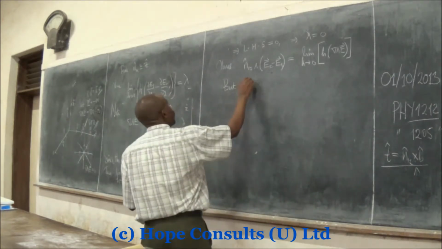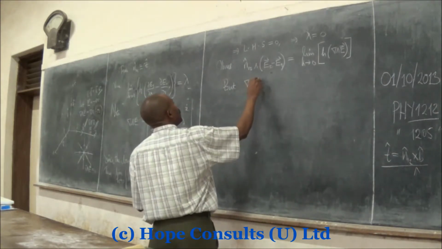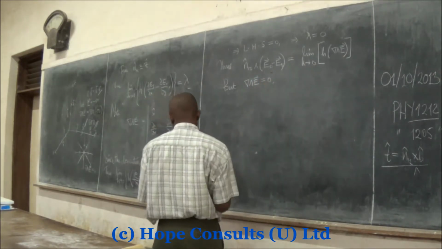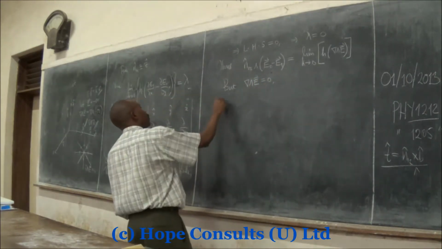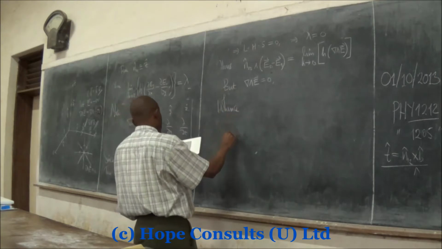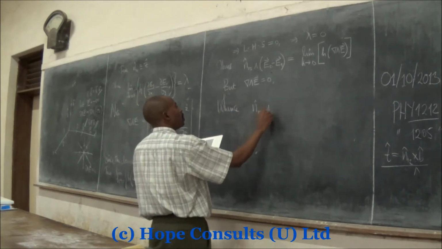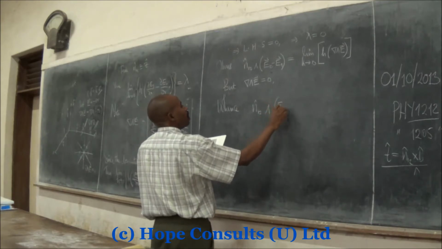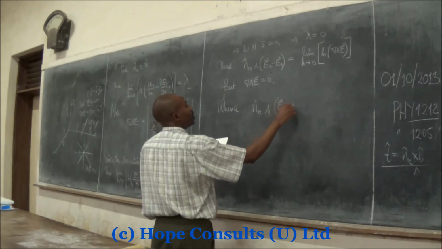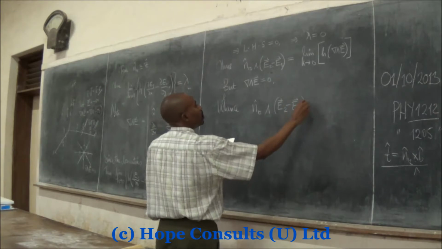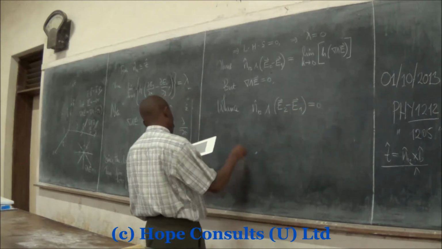So if our curl of E is equal to 0, then we would finally say that n12 roof cross E2 minus E1 is equal to 0.